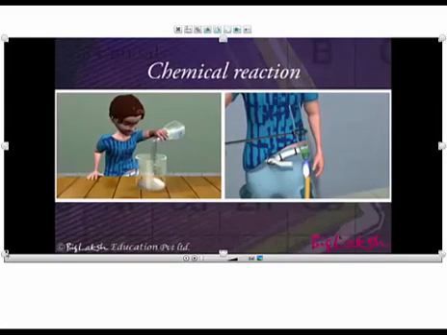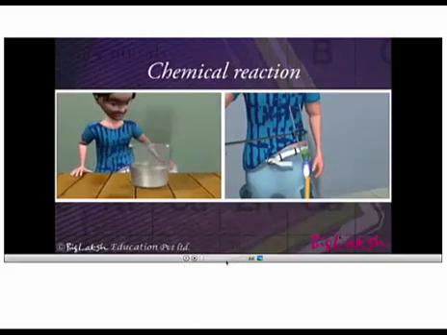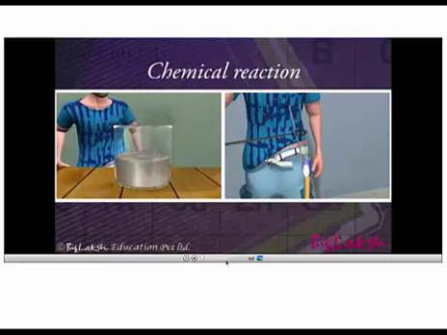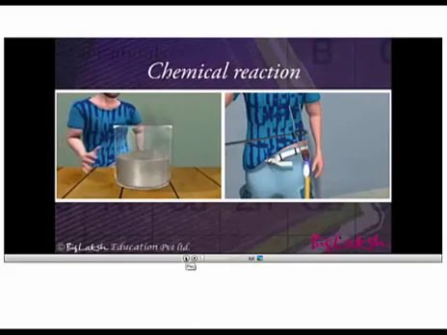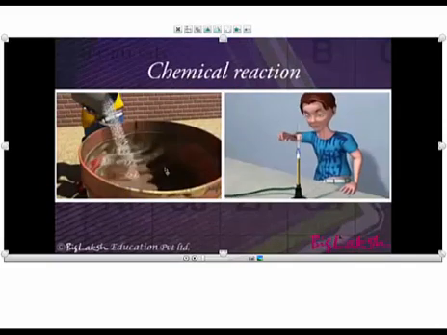So we will be looking at this video here and try to see what we are talking about. Here we are having a reaction. As you can see, as you pour the chemical inside here, it releases energy.